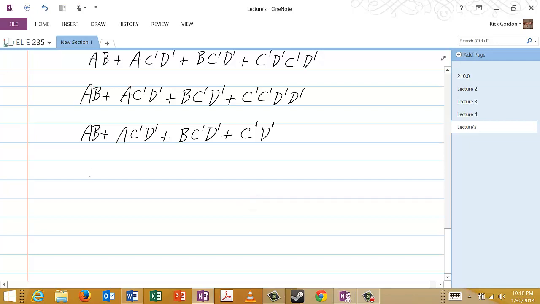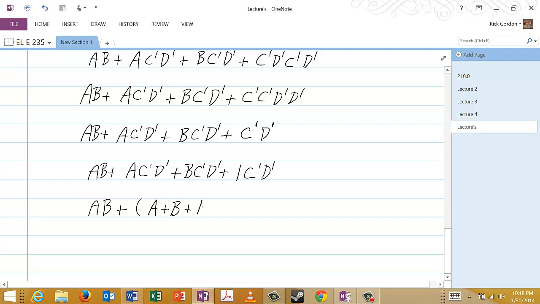And now, to finish this off, we could write that in this form: A C complement D complement, or B C complement D complement, or 1 C complement D complement. And so that could be written as AB ORed with A or B or 1, C complement D complement.